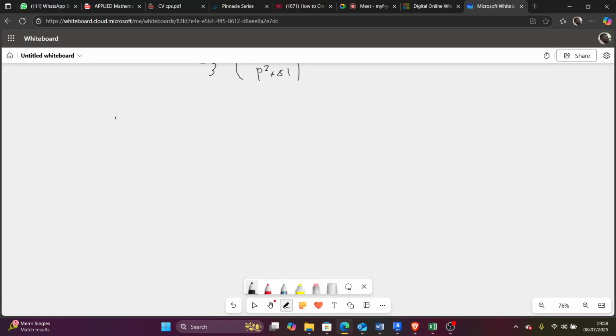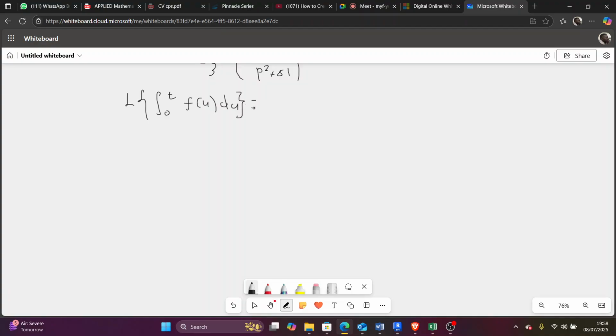Here's what it says. If you have the Laplace transform of the integration from 0 to t of f of u du, don't worry, I know the formula looks complicated, but it is very easy.